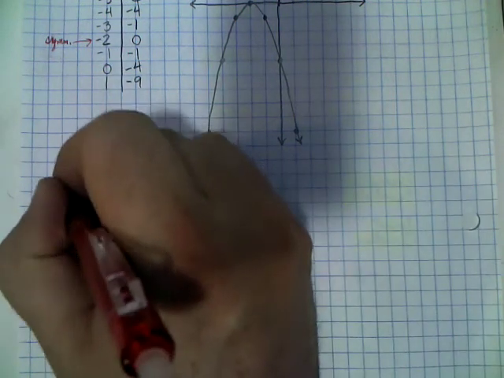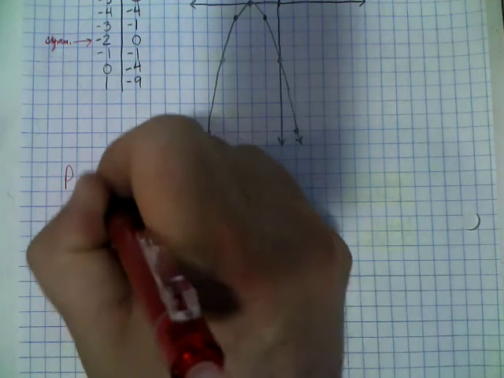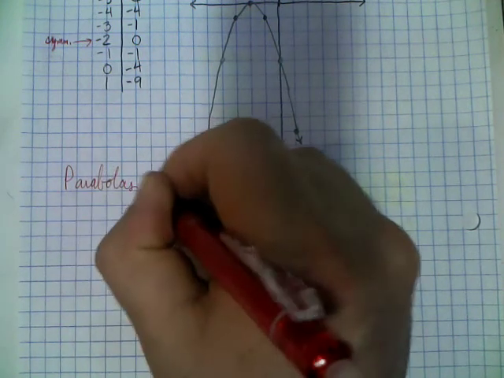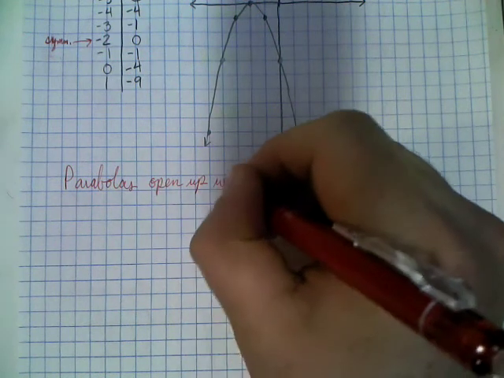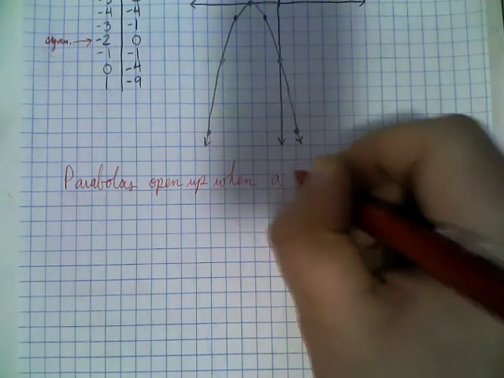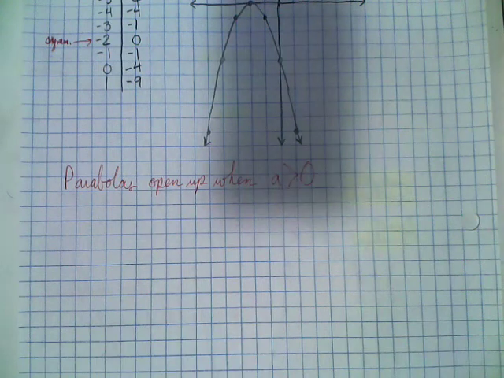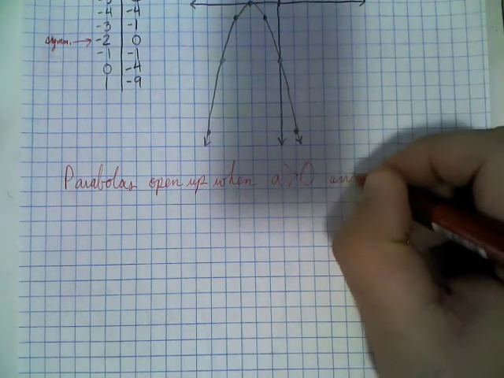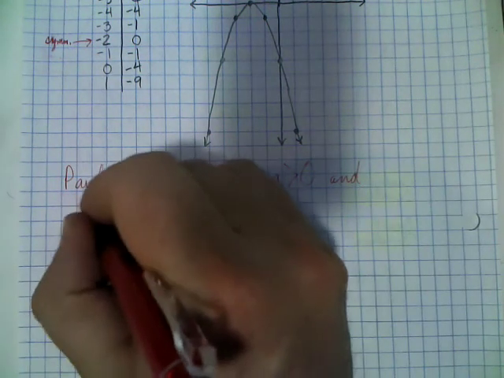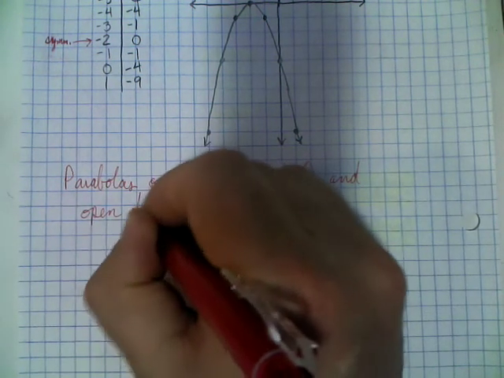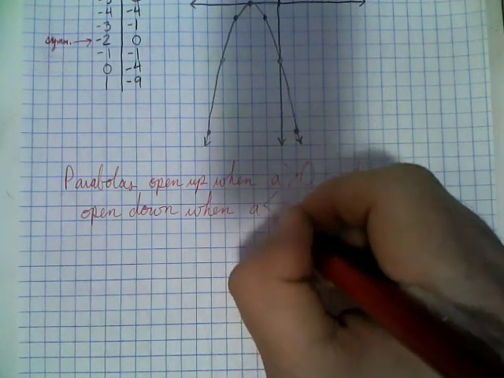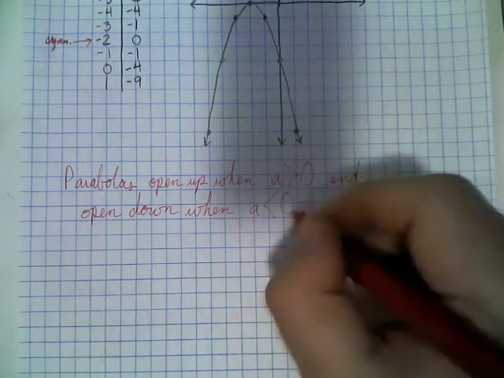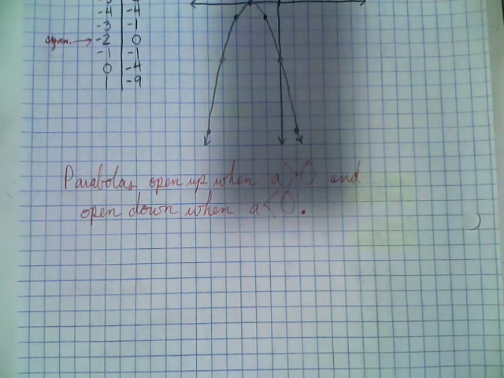So parabolas open up when A is positive, and open down when A is negative, when A is less than 0.